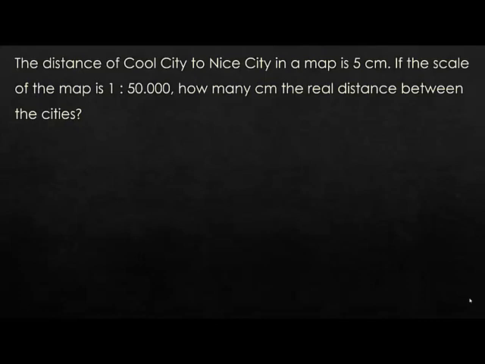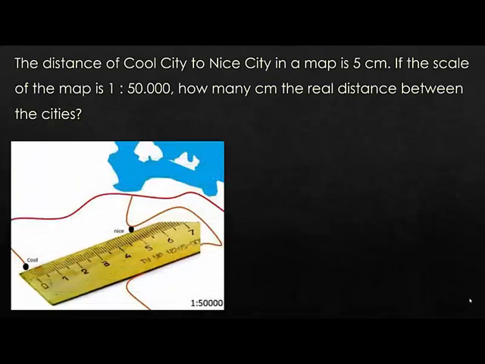So if you draw 2 cities here, and you want to measure the length between the 2 cities, here it is 5 centimeters. If in the map the distance of Cool City to Nice City is 5 centimeters, so how many centimeters is the real distance?